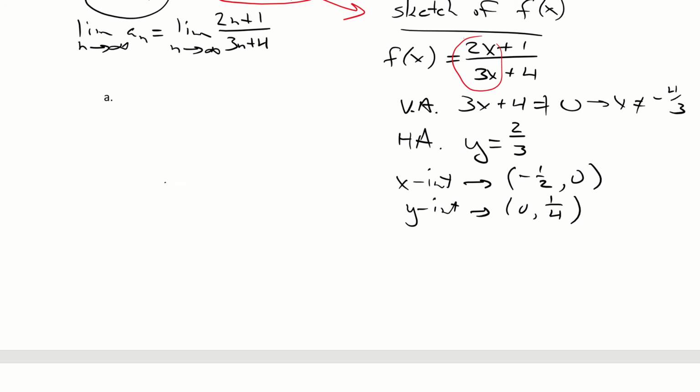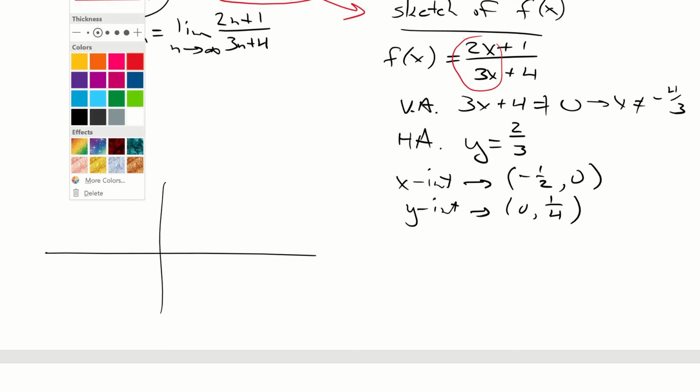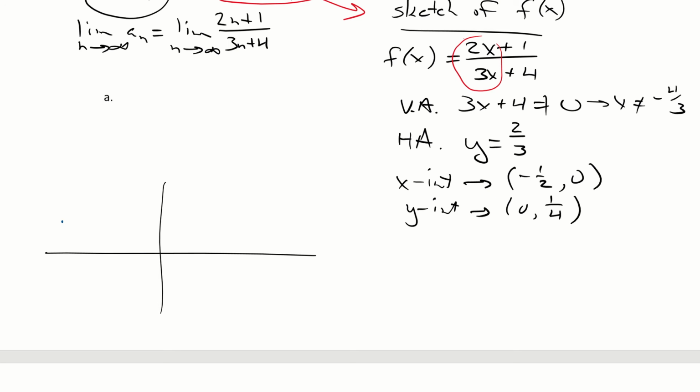So the graph of this thing, if we were to do a quick sketch, and we are being quick sketch artists here, let's pick a different color. Let's go with blue this time. It's got an x-intercept of minus 1/2, pretend that's there. It's got a y-intercept of 1/4. It's got a horizontal asymptote of 2/3, and a vertical asymptote of negative 4/3 over here somewhere.